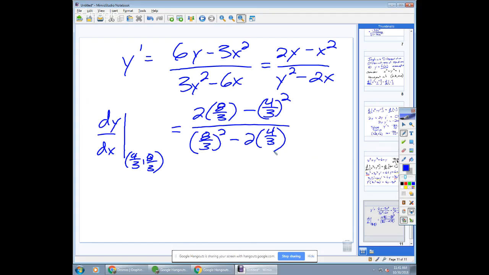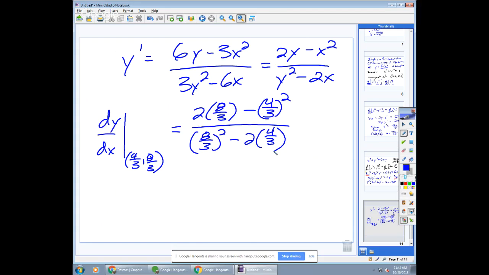Is that 8/3 and 4/3? Yeah, 8/3 and 4/3 for x, 8/3 for y. And then I did a bunch of fraction jiggery pokery, and I got this is 4/5.